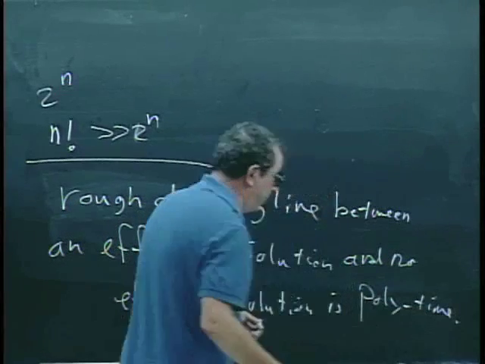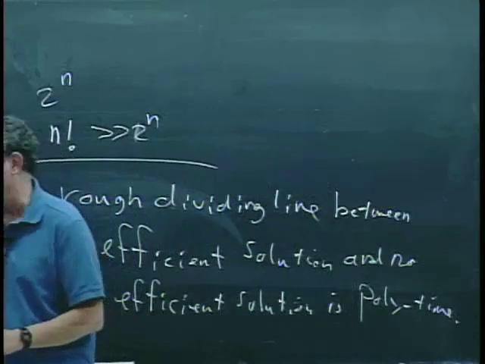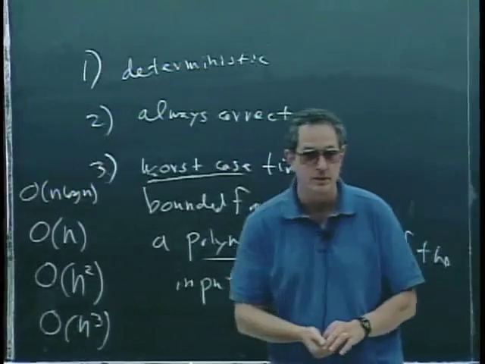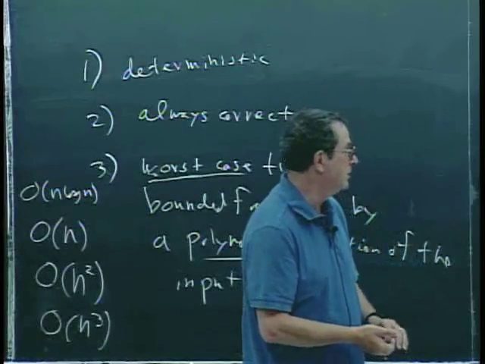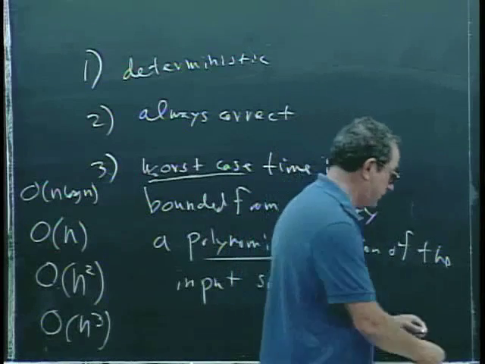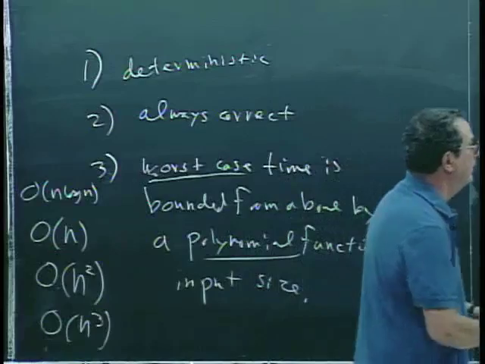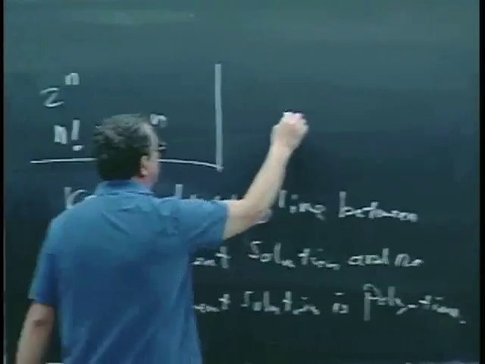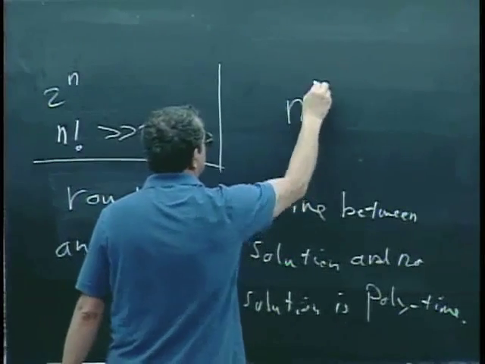If you have a polynomial time algorithm that solves your problem, that's considered roughly efficient. If it's exponential time, that's considered roughly inefficient. But if you look more closely, of course, there are distinctions. I mean, you may have an algorithm that runs in n to the 6,000.